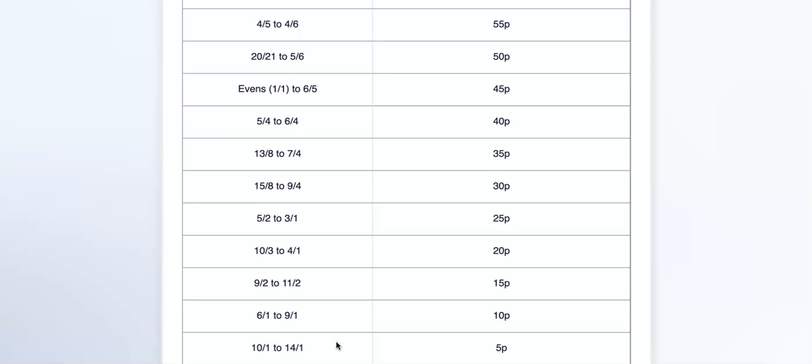and you would obviously not have a Rule 4 for that particular race. One thing to note is that the Rule 4s will differ between certain bookmakers, as not every bookmaker has the same prices as each other.